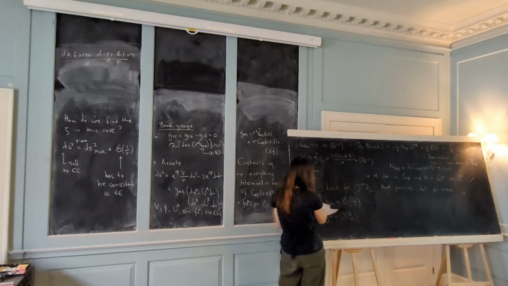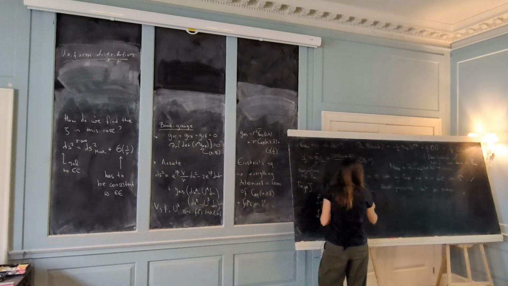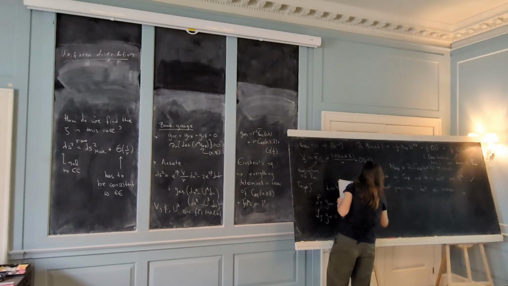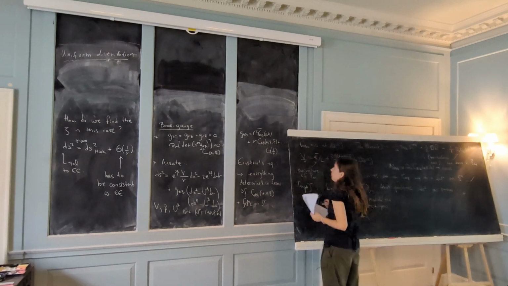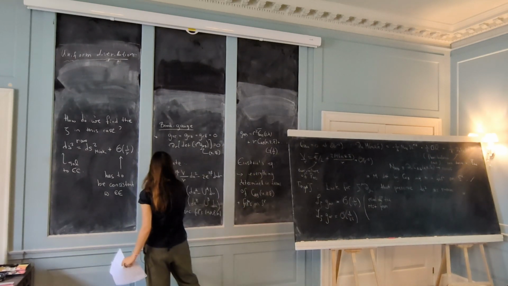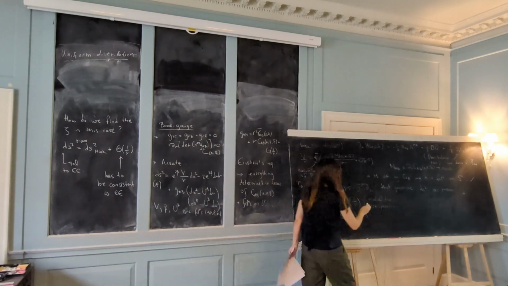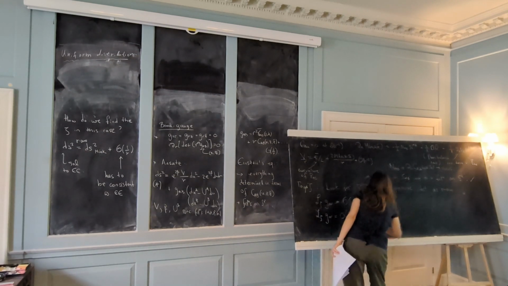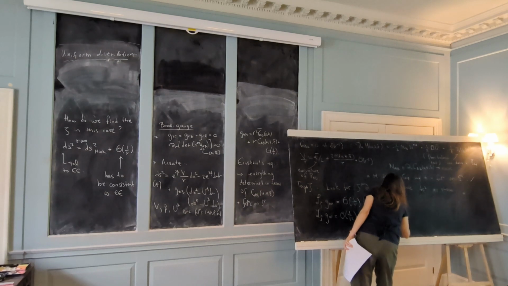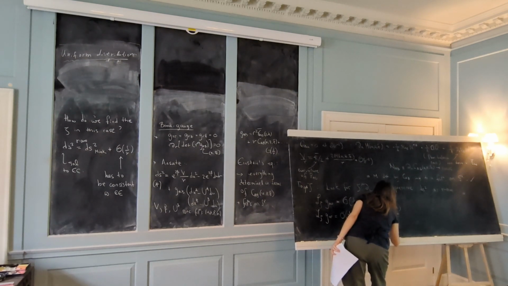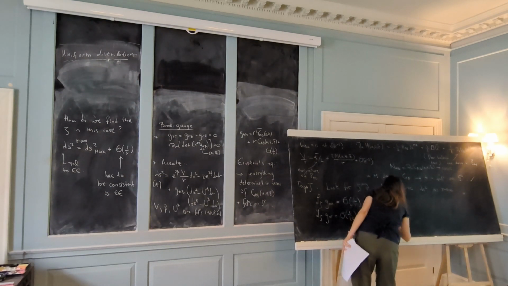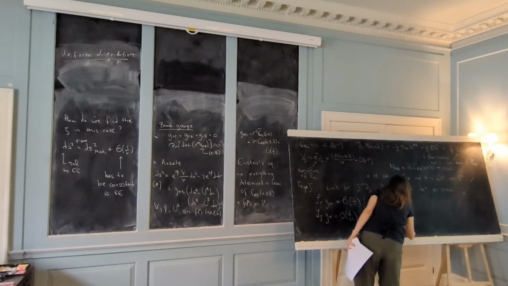So you can just read off what these boundary conditions are from the metric. Basically demand that the ds squared Minkowski part is unchanged.